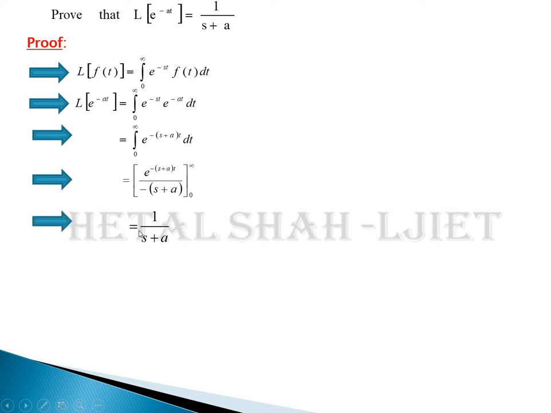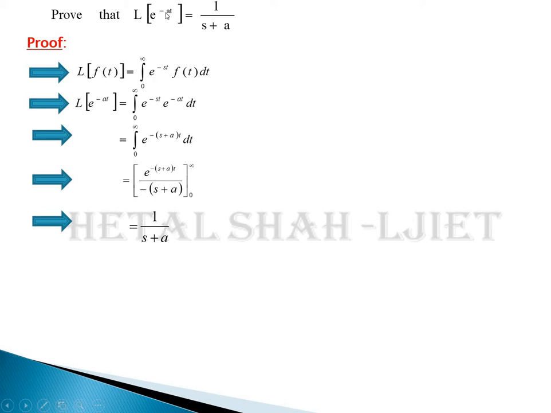By applying upper limit minus lower limit, same as the previous, e raised to minus infinity is 0 minus e raised to minus 0 is 1, and minus minus plus, so 1 upon s plus a is our final answer.